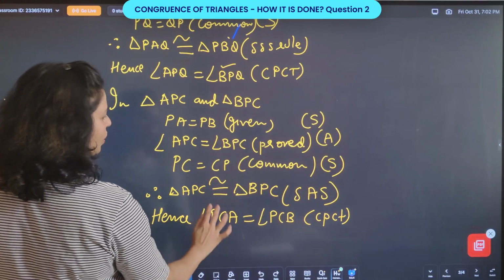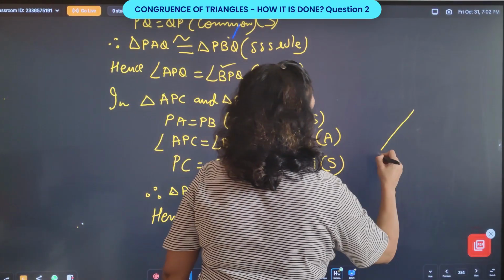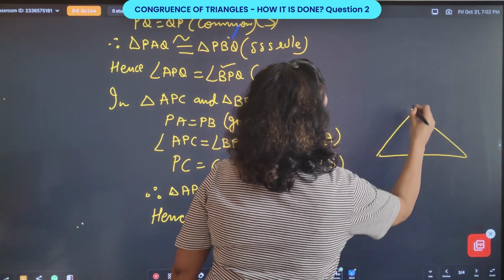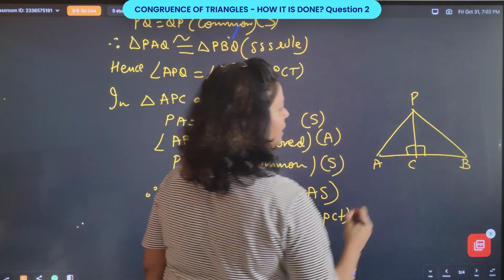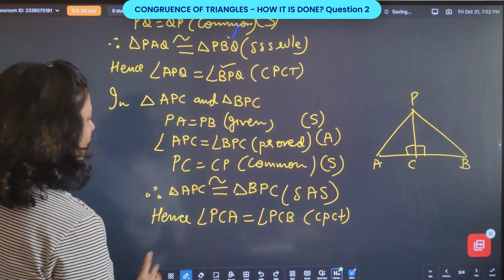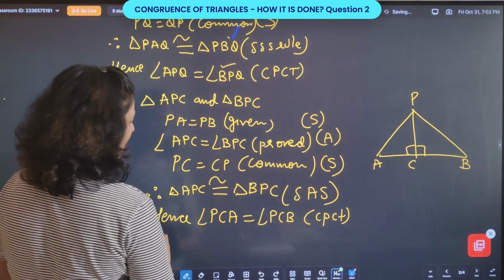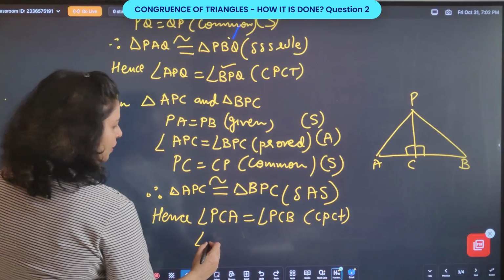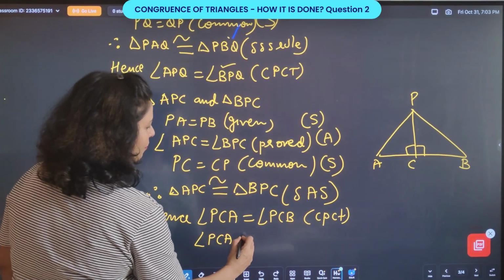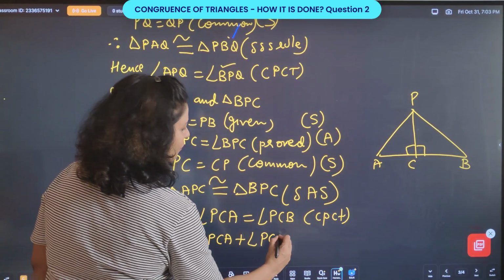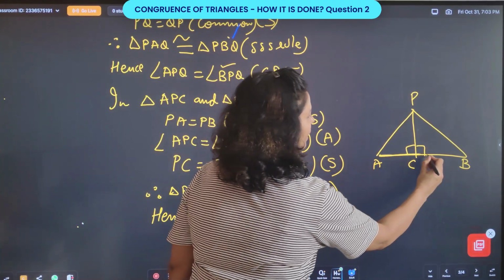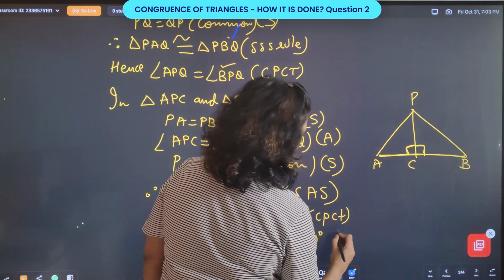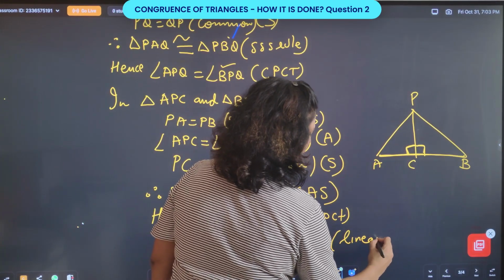After this, what do we have to do? We proved these two angles to be equal by CPCT. Now we can write angle PCA plus angle PCB, and their sum is 180 degrees because it forms a straight line. They are linear pairs.